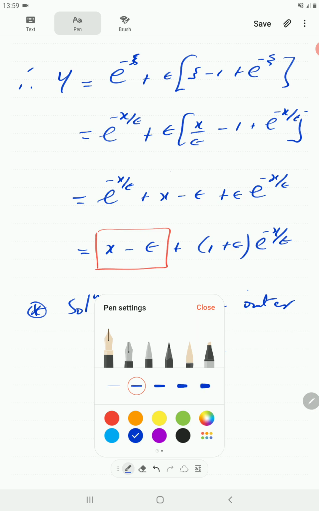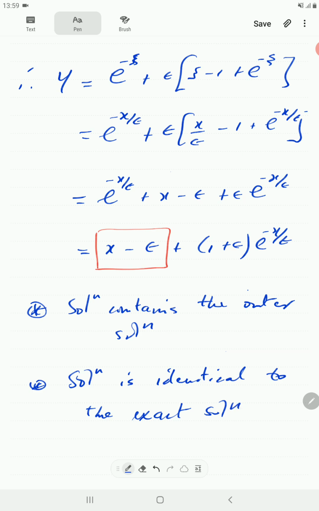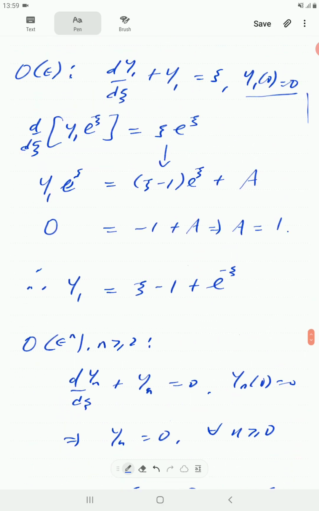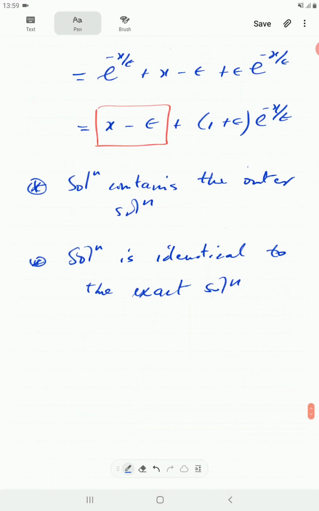The other thing that is noteworthy is the fact that this solution is identical to the exact solution that was presented earlier. So that indicates that this method of asymptotic expansions is pretty okay.